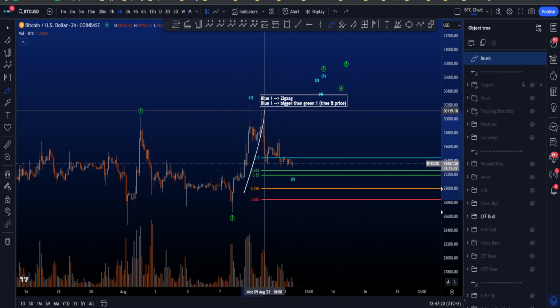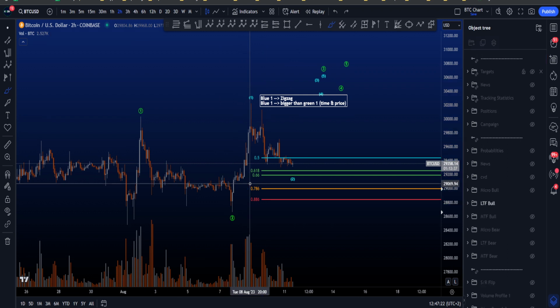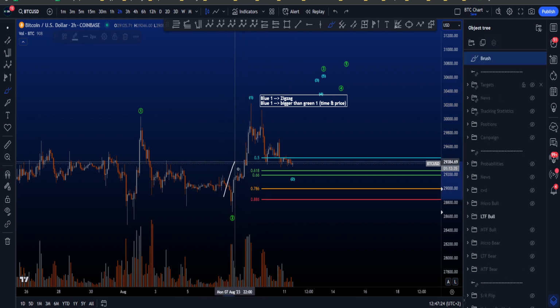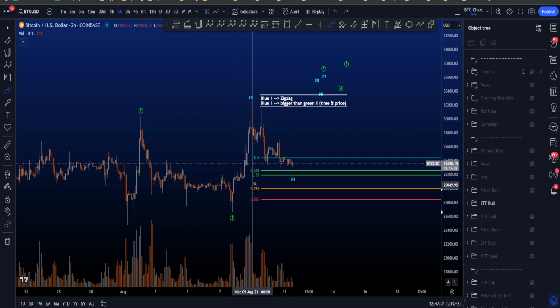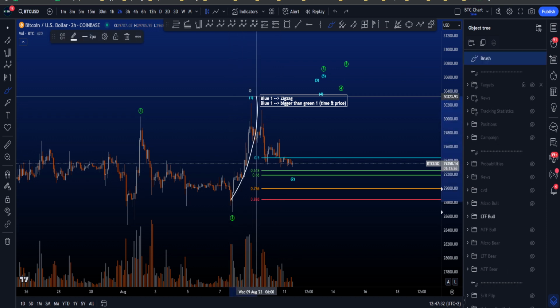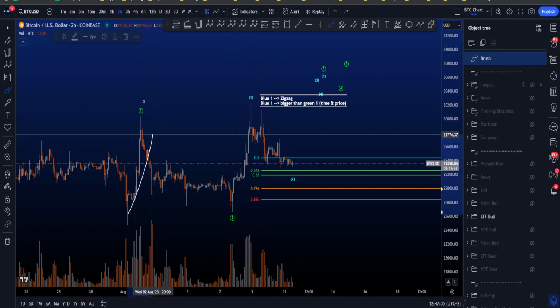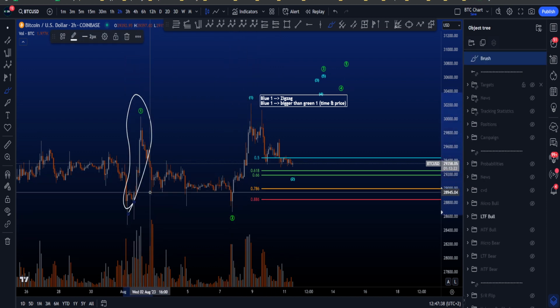Now, the blue wave 1, this one over here, is likely a zigzag when counting it on the lower structure. It's very difficult to count a nice clean impulse over here, which lowers the probabilities for the bullish scenario. And also this blue wave 1 over here is bigger than the green wave 1 in both time and price.